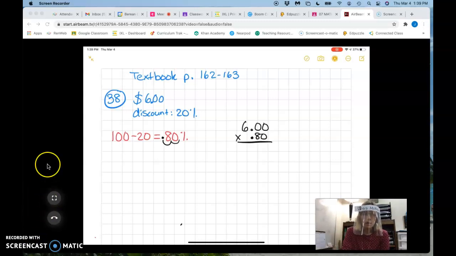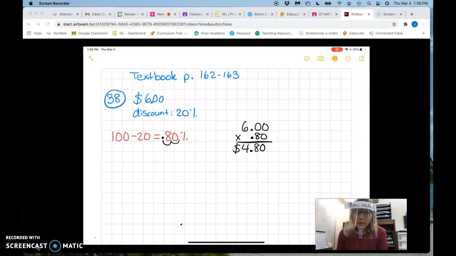So $6 times 80% is how much? 6 times 0.8. So we all got 4.8 on our calculator, but because we're talking about money, we have to have 2 places after the decimal. So we said $4.80 is how much these socks cost.